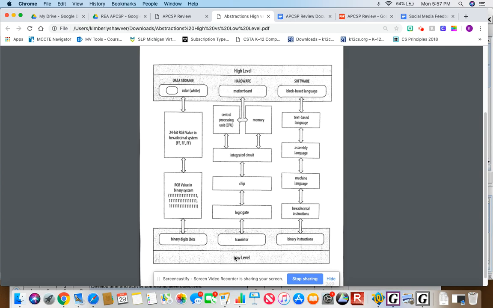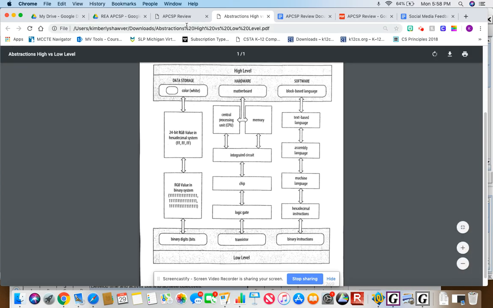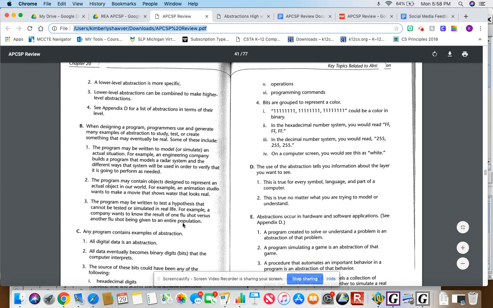At the lowest level, we're talking about the most simplistic parts of the computer. So we're talking about binary digits, the transistors that make up the central processing unit, and the binary instructions that are part of the machine code that allow the processor to use those ones and zeros to actually make things happen. So back to the review.